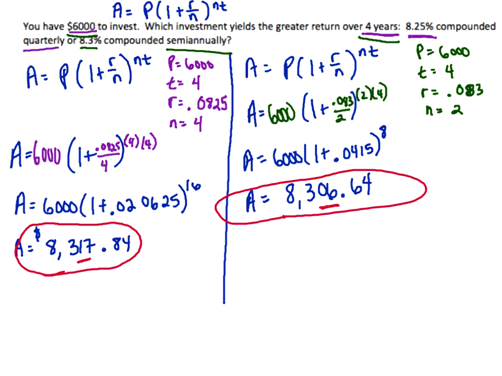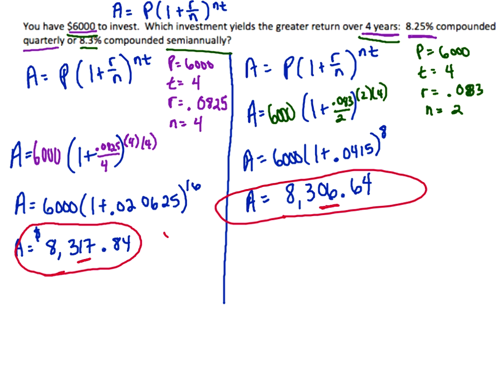Over a longer span of time, that first account, since it's compounded more often, even though it's got a lower interest rate on it, is going to build quicker than the account with a higher interest rate but not compounding as many times per year.